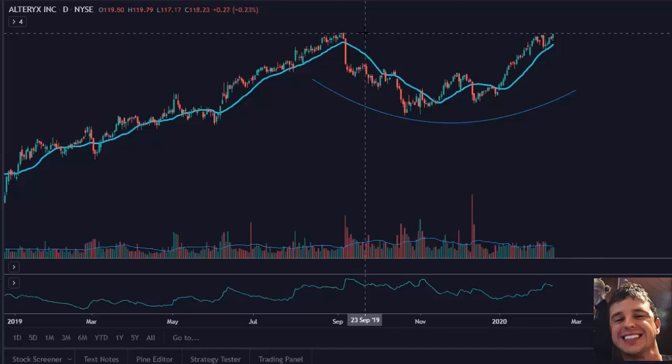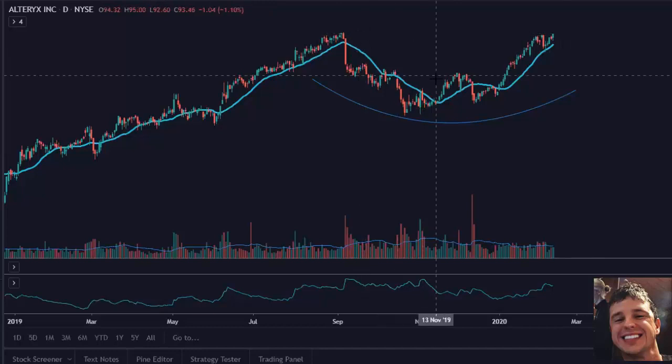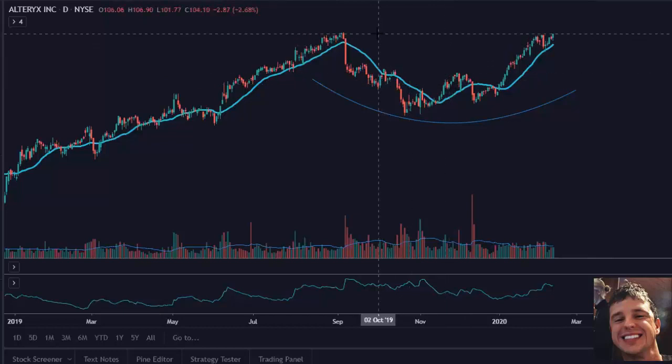Let's just say it's 146 down to, let's say, the depth of the cup is somewhere between 100 and 110, so 105. You've got about a 30 to 40 point bump that could happen in this stock. So that's a good way to look at a profit target.